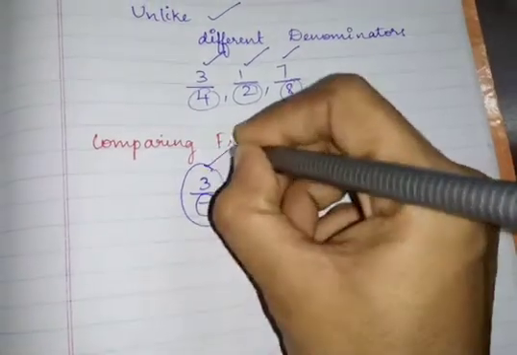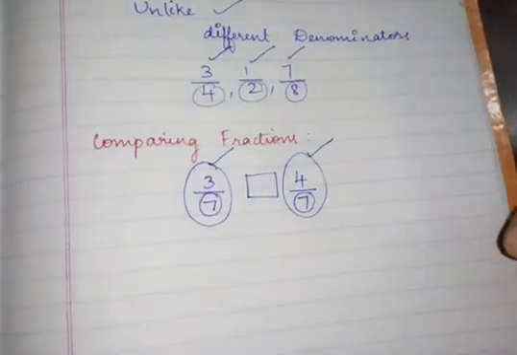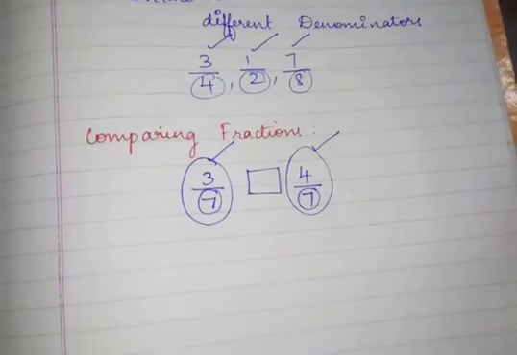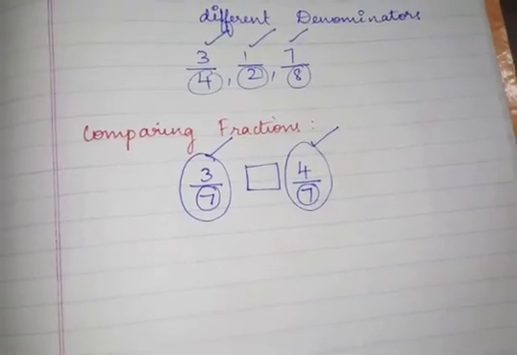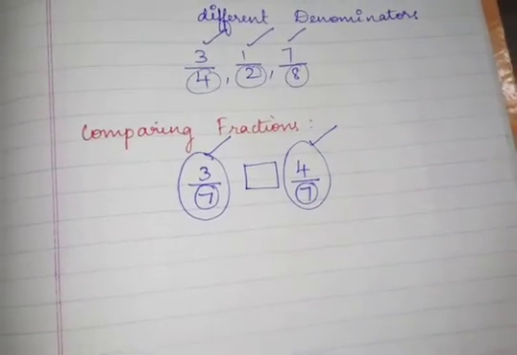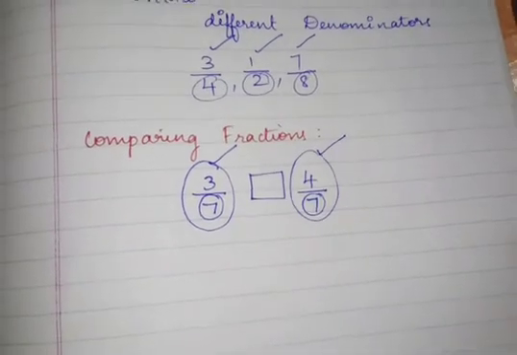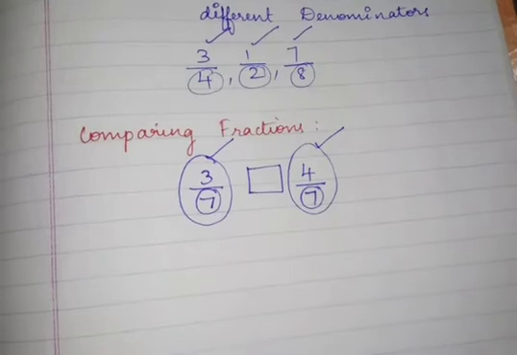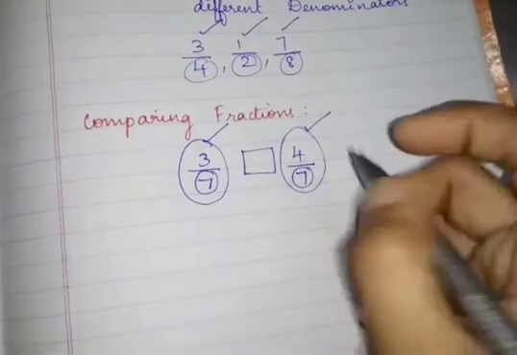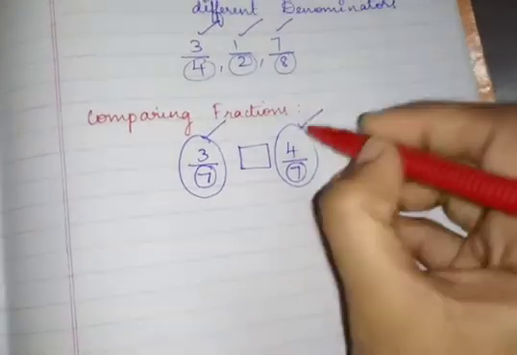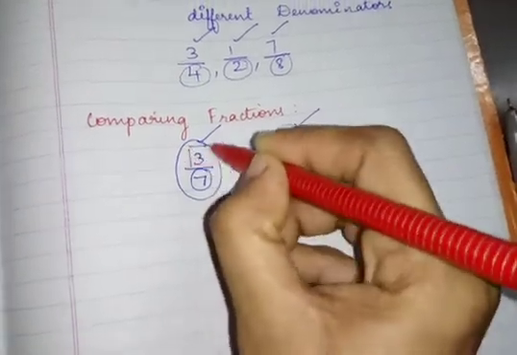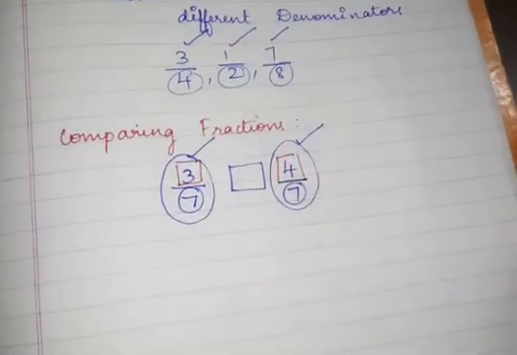So 3 by 7 and 4 by 7 are like fractions. I told you we can compare fractions only when they are like fractions. So if it is a like fraction, you just compare only the numerators, and you can say which is greater, which is smaller.